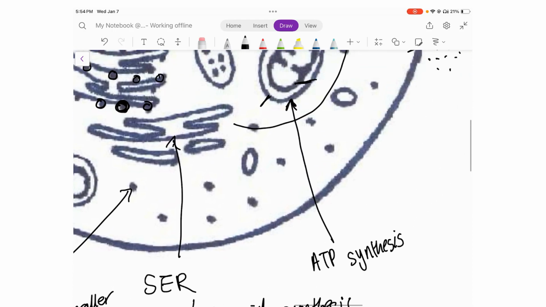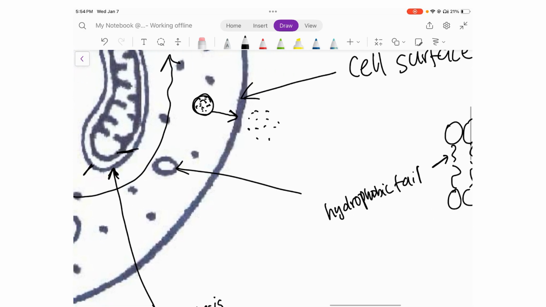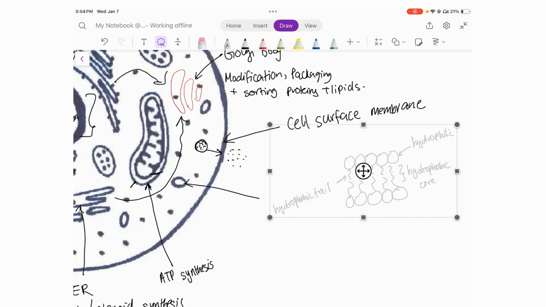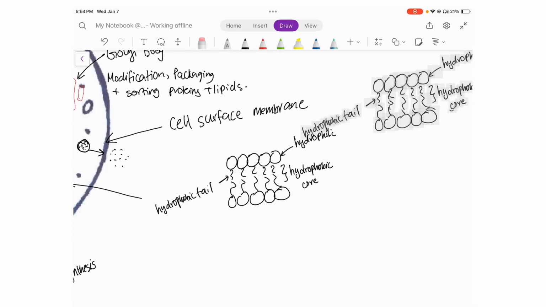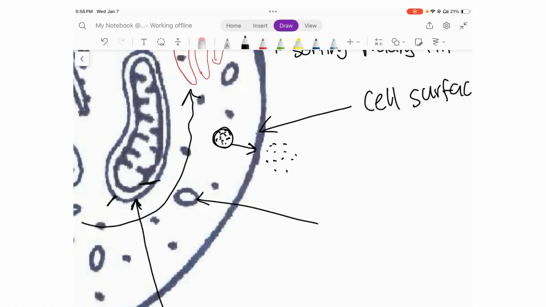Next, let us look at these. All right. This right here, the structure, is known as a lysosome.